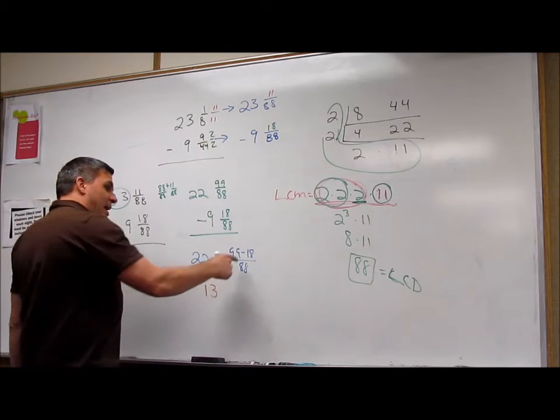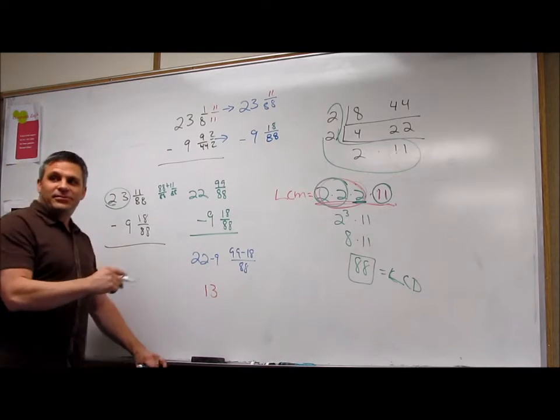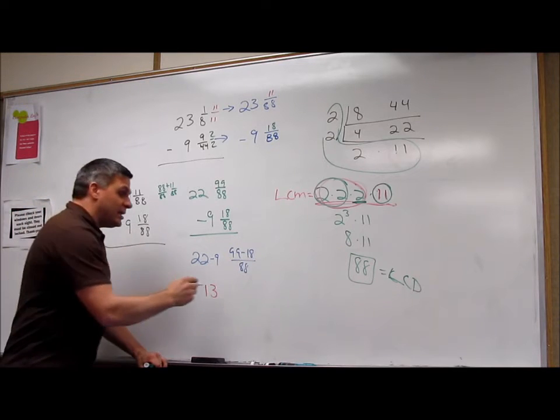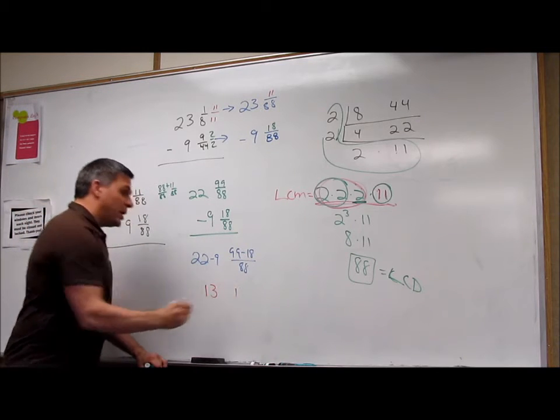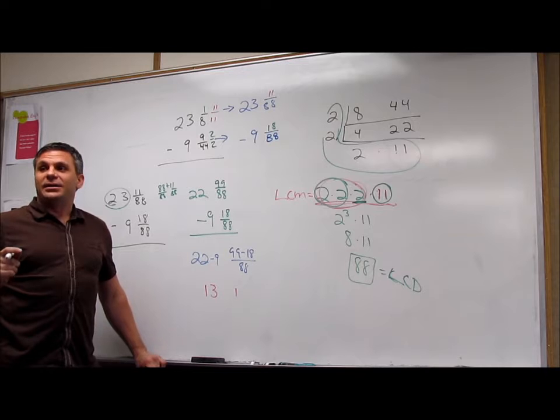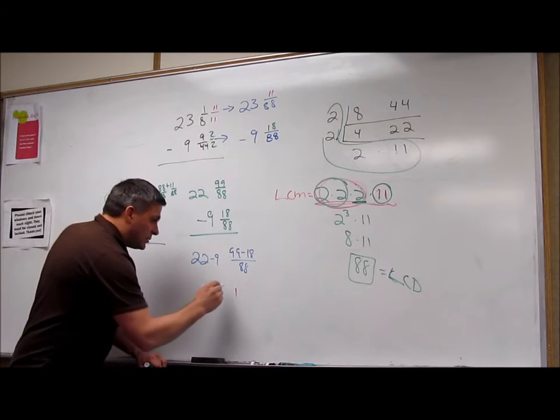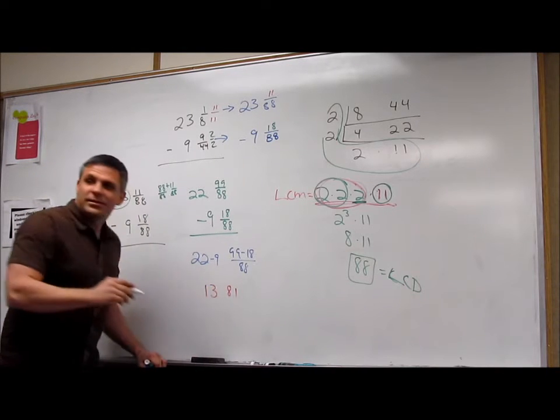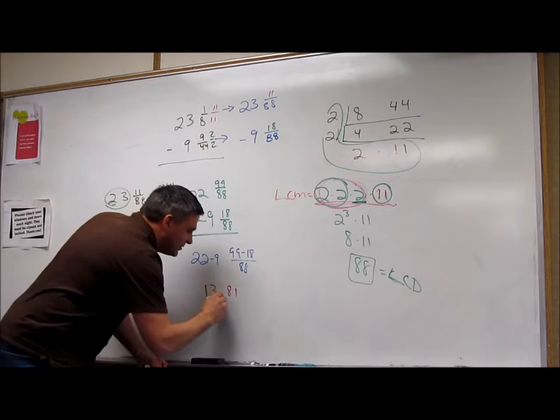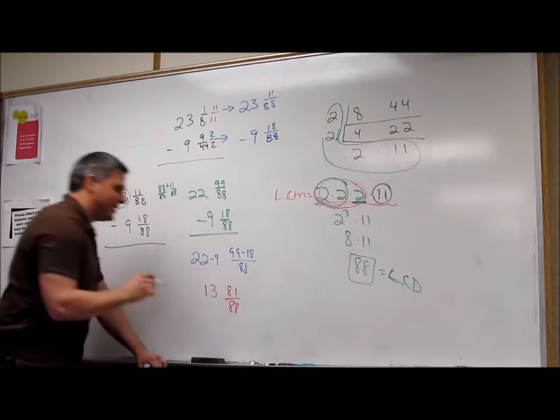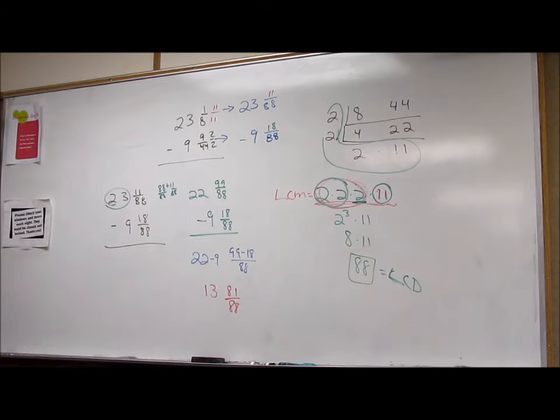And then I have 18 from 99, so 8 from 9 is 1, and 1 from 9 is 8. So 13 and 81/88.